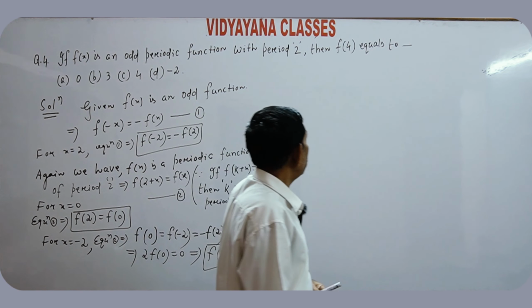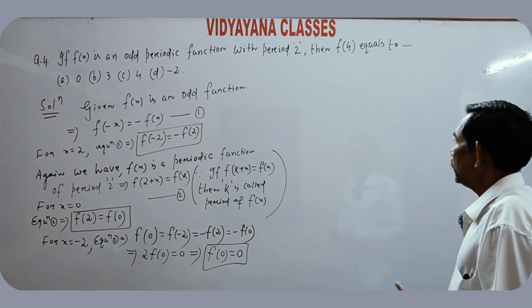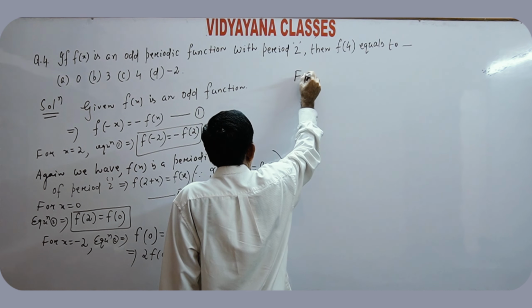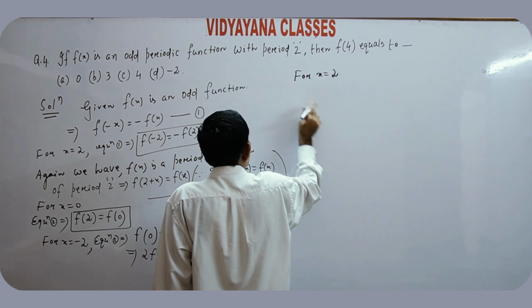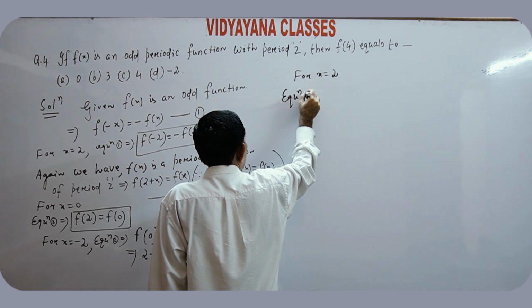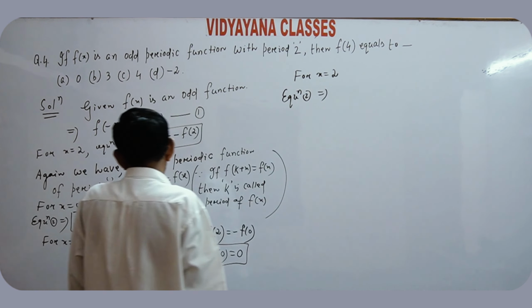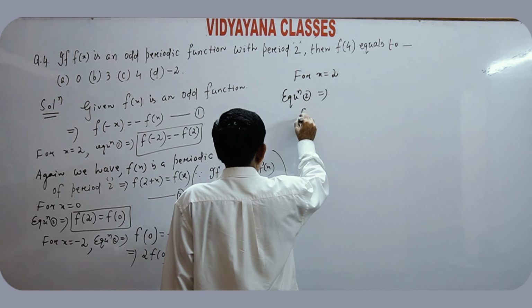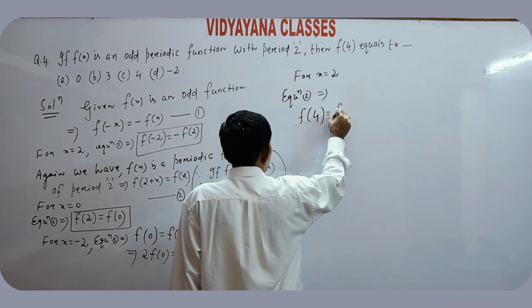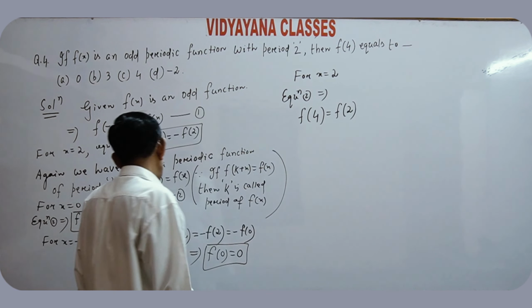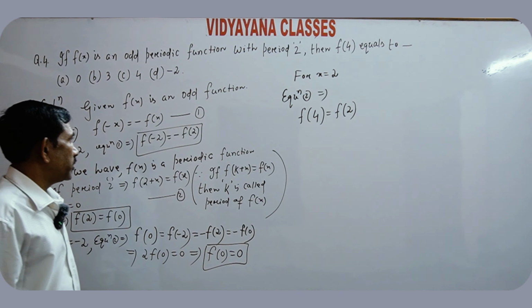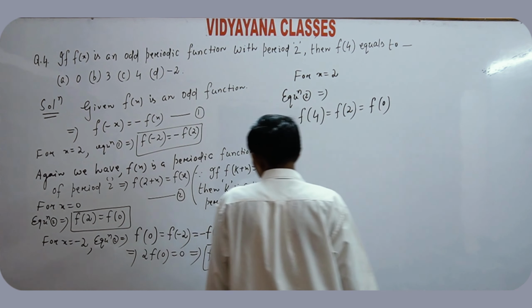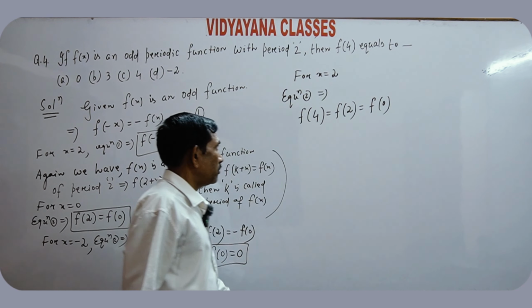f(0) is equal to 0, f(2) is equal to f(0), f(minus 2) is equal to minus f(2). We have to find out the value of f(4). For x equal to 2, equation 2 means f(2 plus x) is equal to f(x). f(2 plus 2), that is f(4), is equal to f(2). f(2) is equal to f(0), and f(0) is equal to 0.